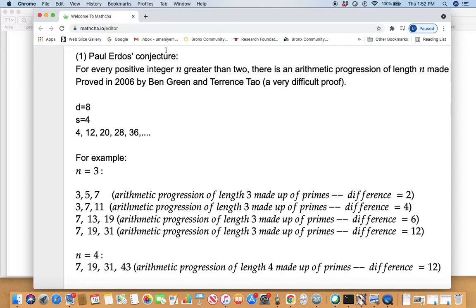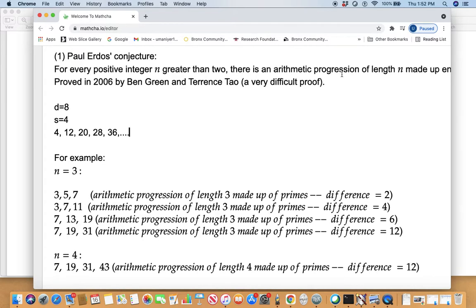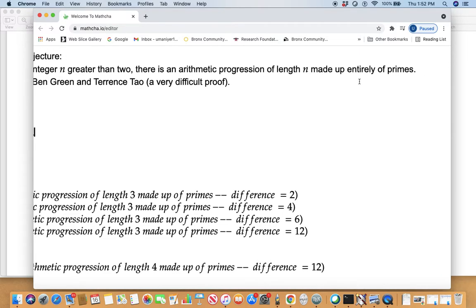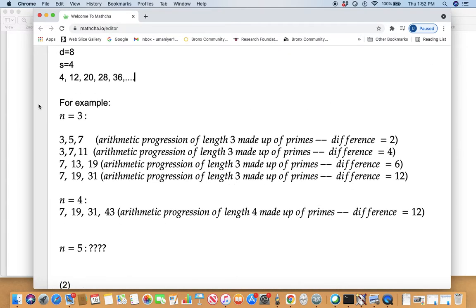Paul Erdős' conjecture is that for every integer n greater than 2, there is an arithmetic progression of length n made up entirely of primes. Okay. For example, here is n equals 3. So I want a length 3 arithmetic progression. So 3, 5, 7. Look at the difference. Difference is 2. Here is another arithmetic progression. 3, 7, 11. The difference is precisely 4. 7, 13, 19.